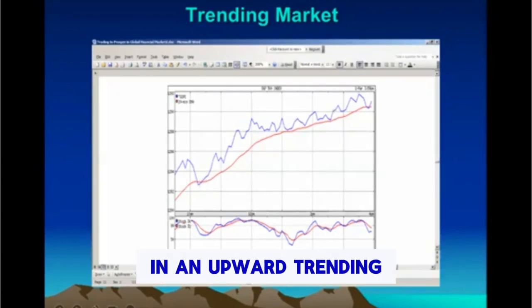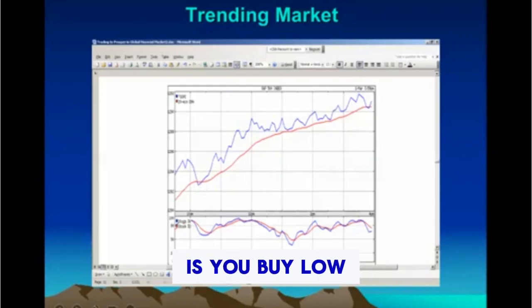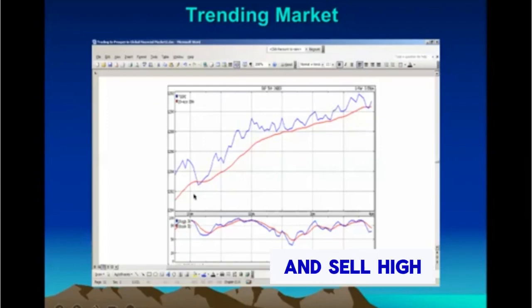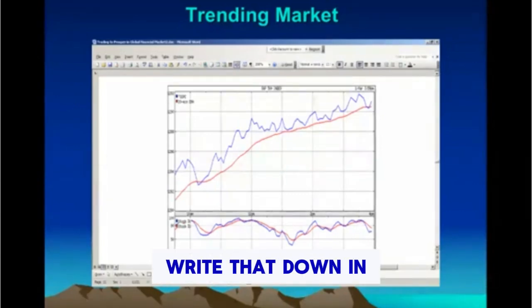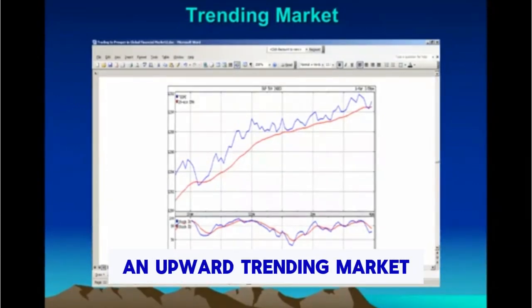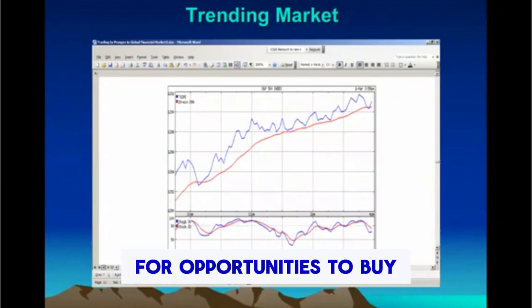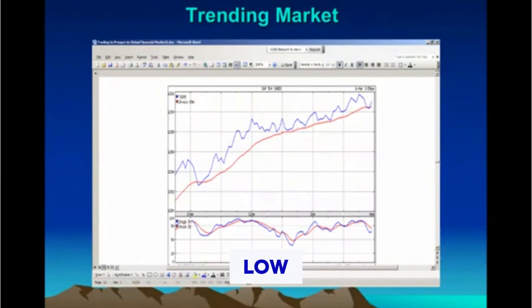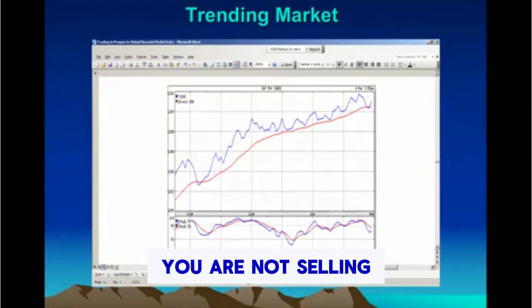In an upward trending market, what you should do is you buy low and sell high. Write that down. In an upward trending market, you should be looking for opportunities to buy low and sell high. You are not selling in an upward moving market.